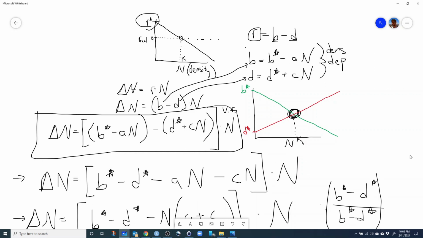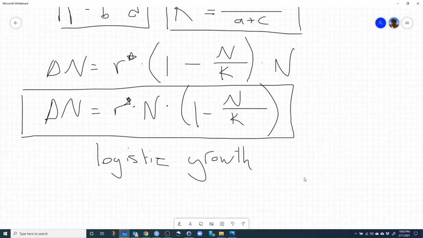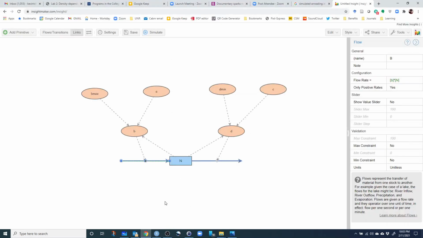Disregard all this mess here, but it's really quite simple. We have this linear relationship. Death rises as density increases, birth rate decreases as density increases, and just by following the math, we get this. So these are the same models.